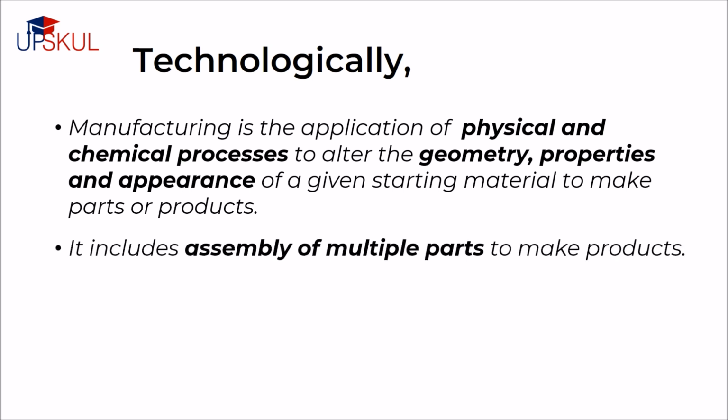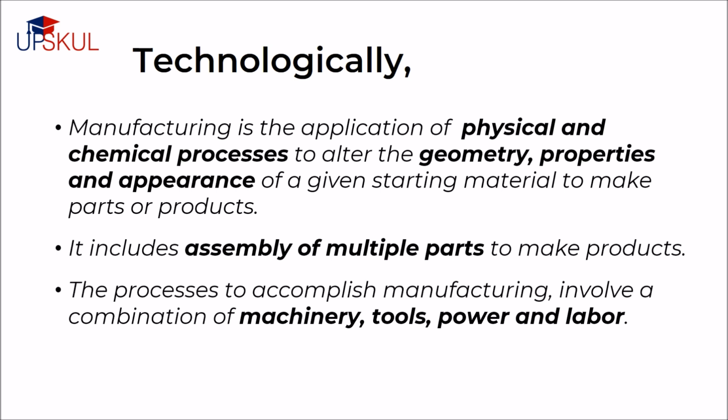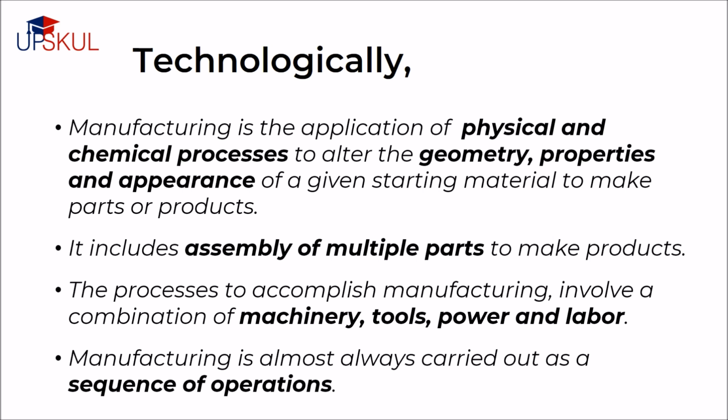Manufacturing also includes assembly of multiple parts to make the products. The processes to accomplish manufacturing involve a combination of machinery, tools, power, and labor. Manufacturing is almost always carried out as a sequence of operations. Each operation brings the material closer to the desired final state.